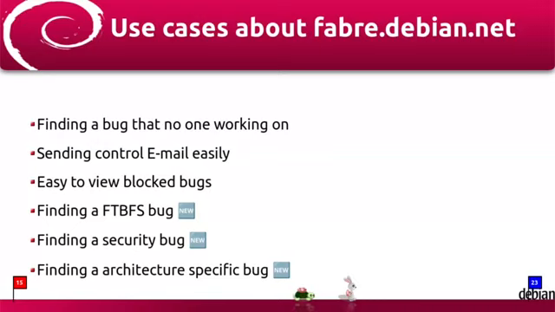Finding a bug that no one is working on. Sending control email easily. Easy to view blocked bugs. Finding a failed to build from source bug. Finding a security bug. Finding an architecture specific bug.